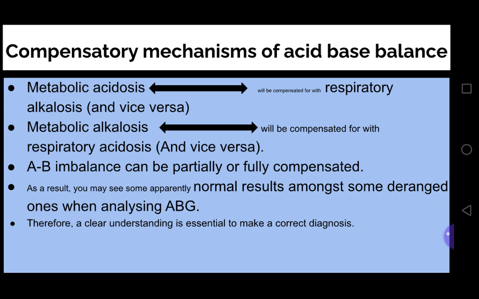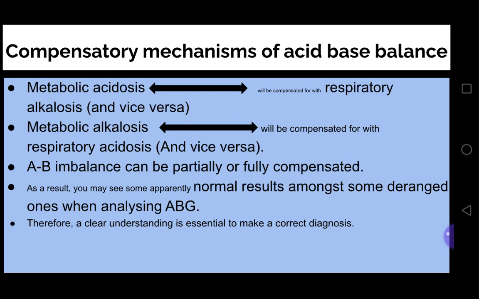Now we will discuss how to recognize an acid-base imbalance, whether it is uncompensated, partially or fully compensated. For this purpose, first we need to understand the compensatory mechanism of acid-base balance. As I discussed earlier, there is a metabolic component and there is a respiratory component.